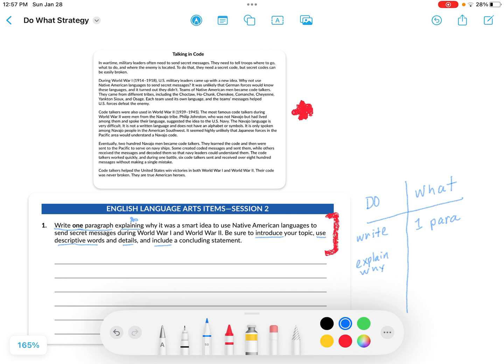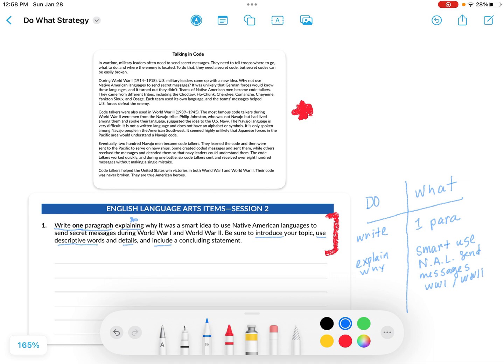So I could say, smart, use Native American languages to send messages, World War I, World War II.